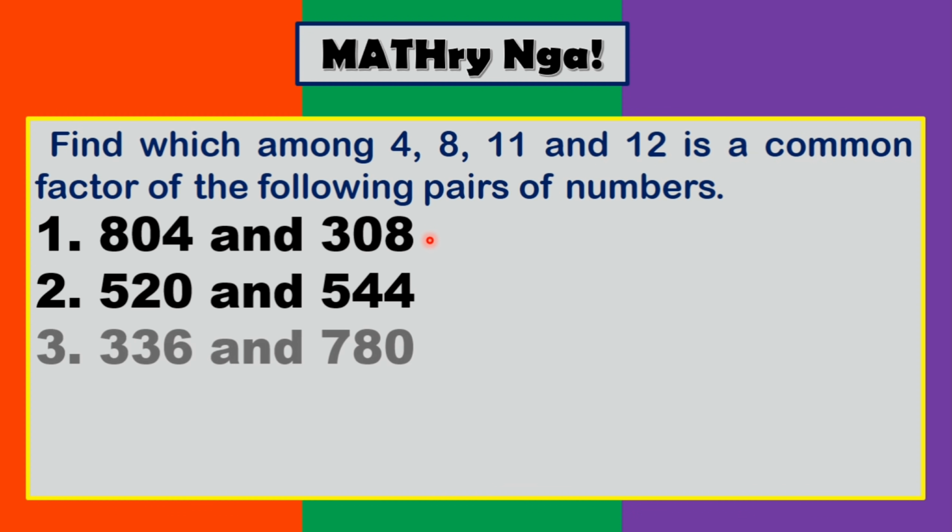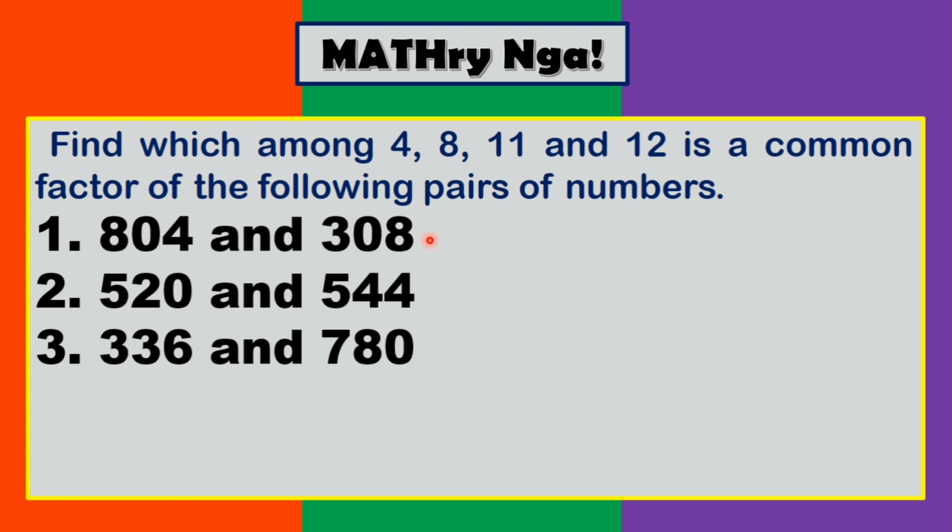Now, let's proceed to number 3. 336 and 780, find their common factor or common factors. You have your time. Hit pause now! Alright, I think you are done.